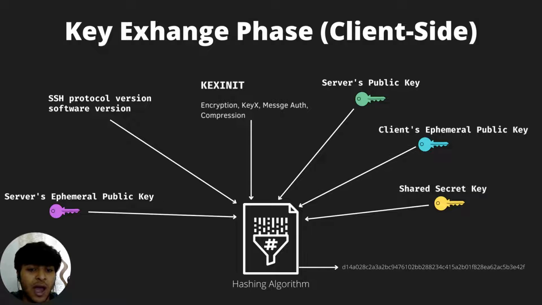So the same hashing algorithm is going to be used, and the same client identification string, server's identification string, payload of client's key exchange initialization, payload of server's key exchange initialization, the server's public host key, the client's ephemeral public key, the server's public key, and the shared secret key are going to be input to this hash.